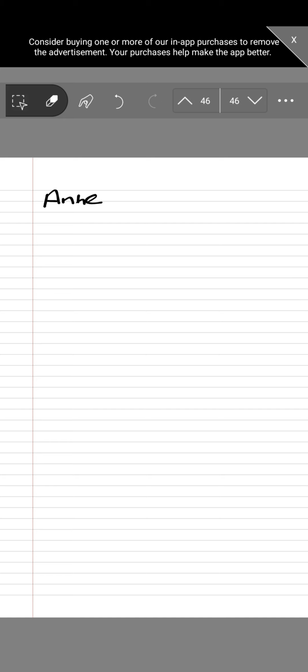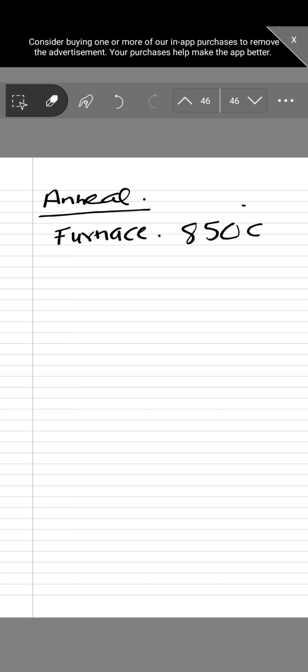In annealing we put the sample into a furnace and heat it to around 850 degrees centigrade.